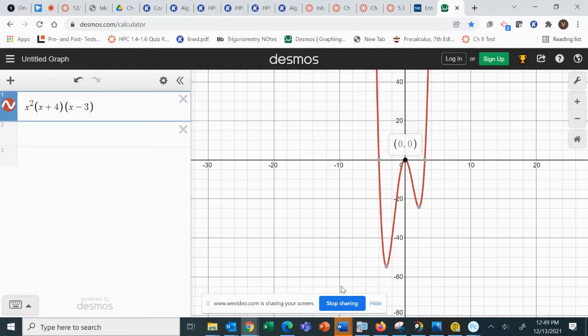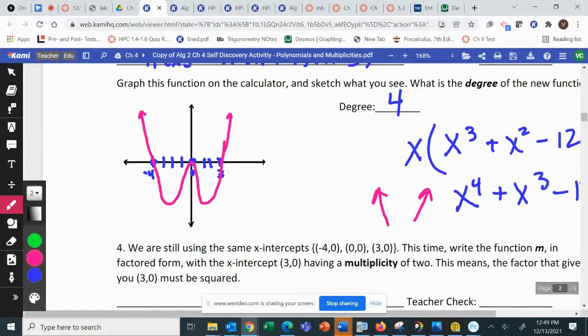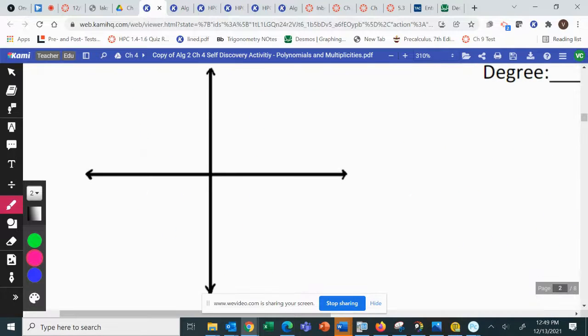You see how this one goes way down to, I don't know, -54 point something. This one only goes down to -24 point something. I'm not worried about that accuracy. I'm just worried about everything else, that you get like the general shape of it. So as I'm doing this, if you didn't do it the first time, start thinking about ways you could do it without the calculator. Okay, so right at 0, we had a bounce.